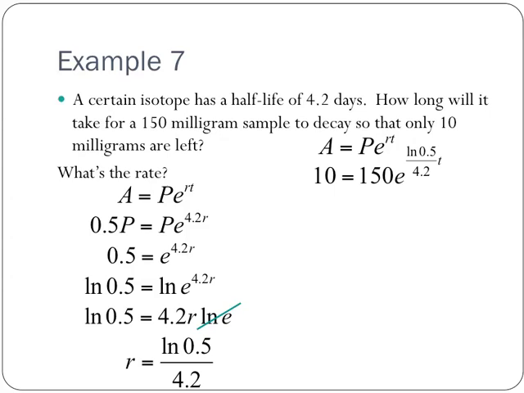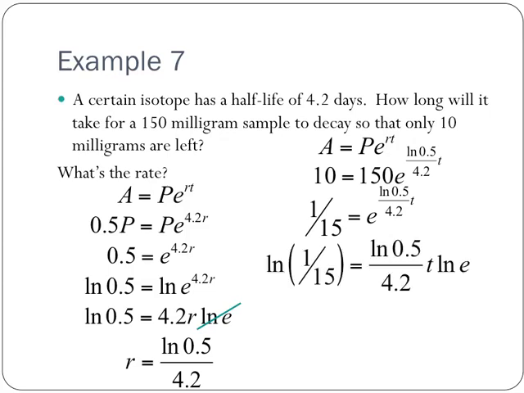All right, let's go ahead and get that e to the ln of 0.5 over 4.2 t all by itself. So we'll divide both sides by 150. Okay, now we take log of both sides, move the ln of 0.5 over 4.2 t in front. ln of e is equal to 1.